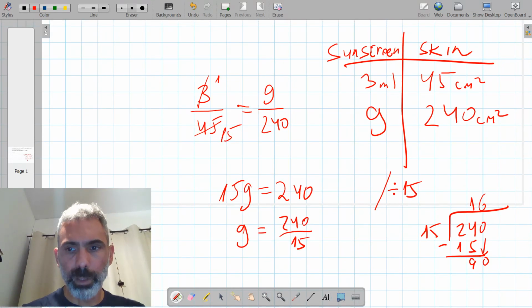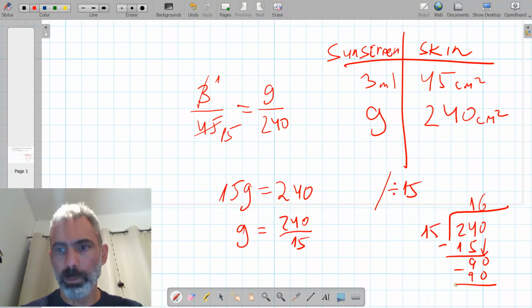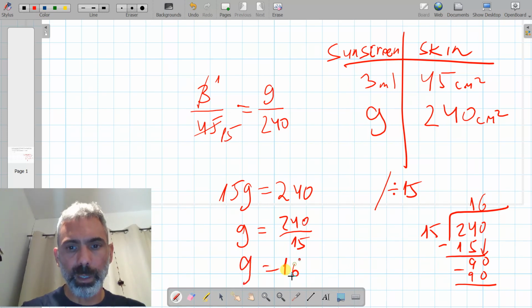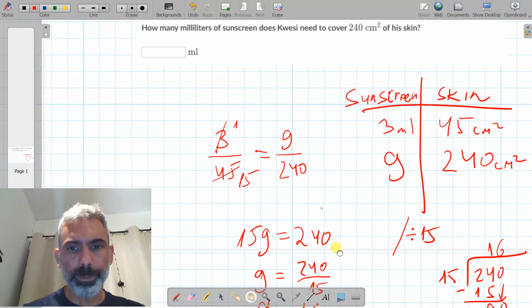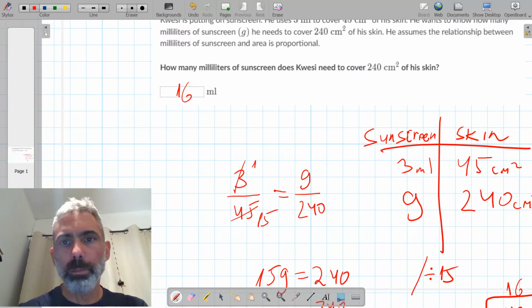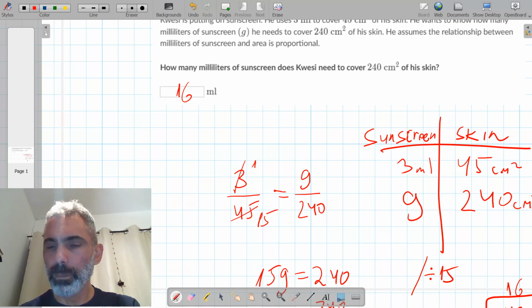So 6 times 15 is 90, and no remainder. So G equals 16. So how many milliliters does Kwesi need to cover 240 squared centimeters of his skin? 16 milliliters.